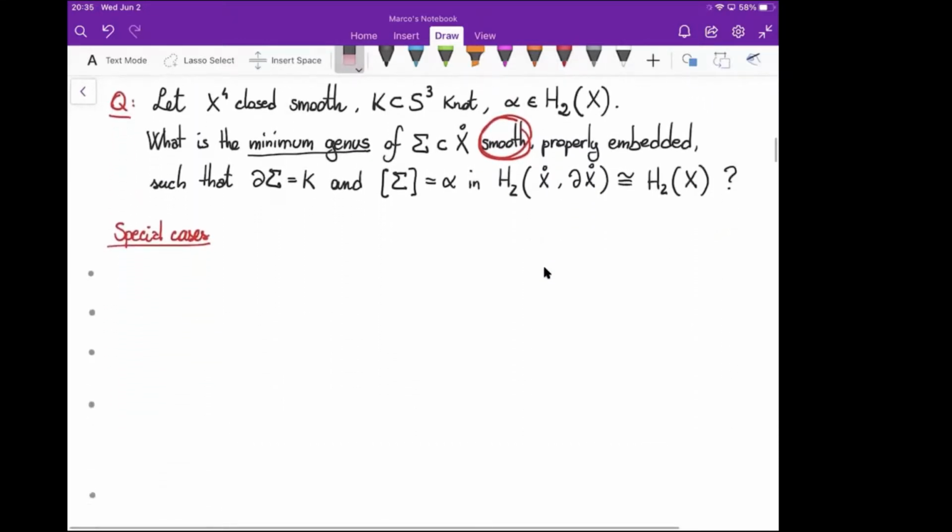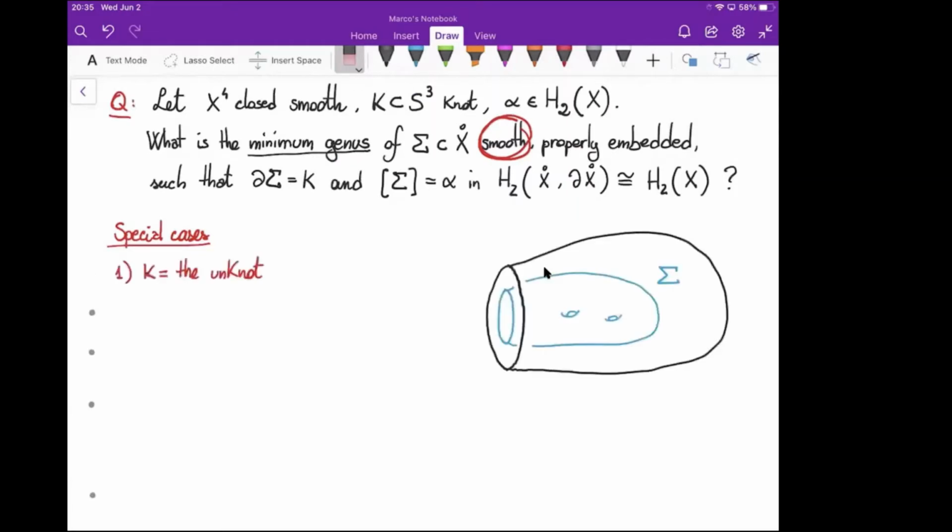Some motivations for these questions come from some special cases that one could think about. For example, if you choose K to be the unknot, that is the easiest possible knot, then the question is about finding surfaces with boundary the unknot.